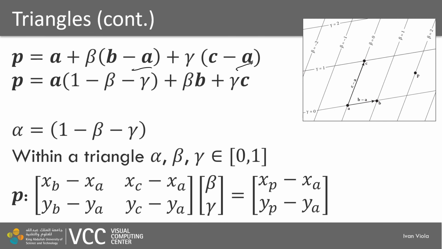For point B, it will be the value of beta, and for point C, it will be the value of gamma. So you can see here once again the representation of the point P through these vectors and the multipliers. This way we can solve a simple linear system to find beta and gamma.